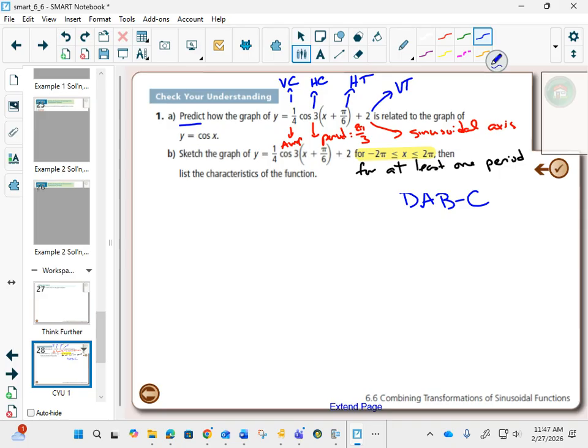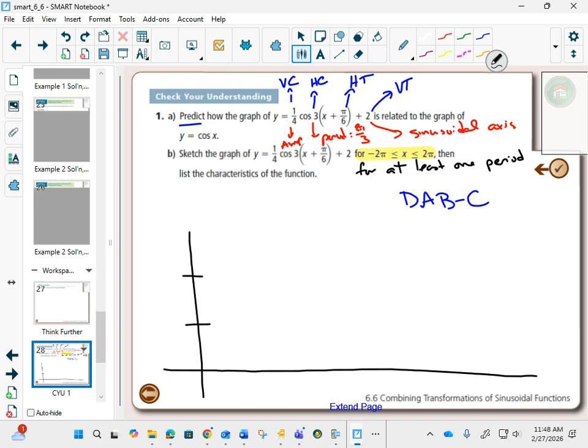So we're going to do the DABC. Just looking at my D value, it is 2. My amplitude is 1/4. So when I go to start drawing this, it's not going to go into the negatives at all. Right here, I have my sinusoidal axis at y equals 2. That's all I have to do for my D value.